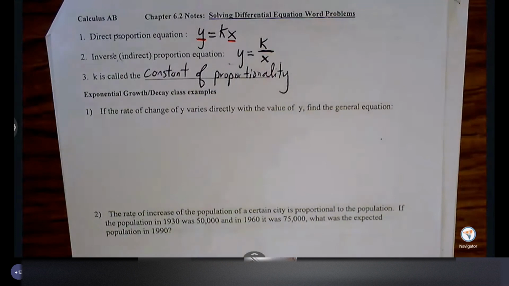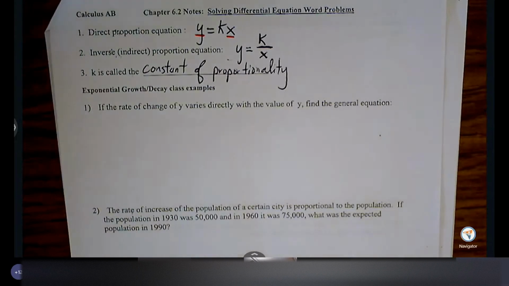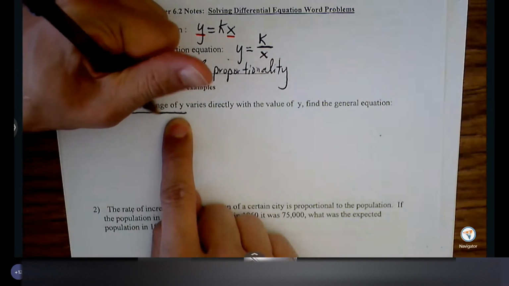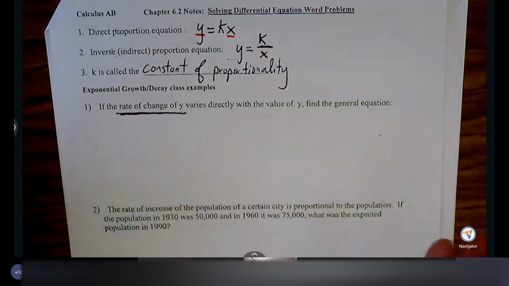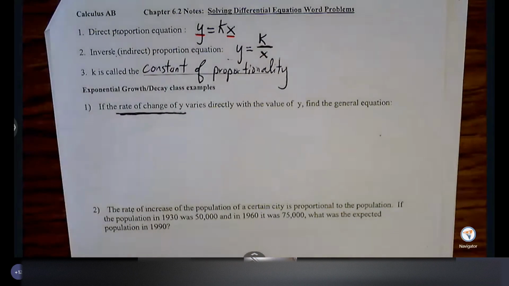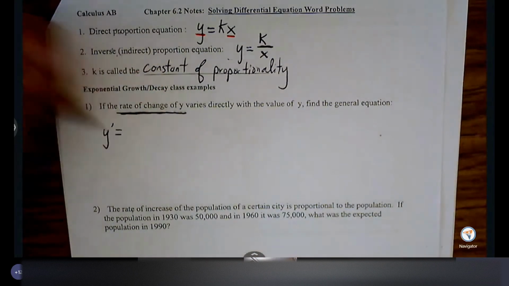Okay, let's read number 1. If the rate of change of y varies directly with the value of y, find the general equation. So I see rate of change of y, so I know it can't just be y, it's something with y. That rate of change is going to push it to derivative territory. So we're going to say that represents y prime.